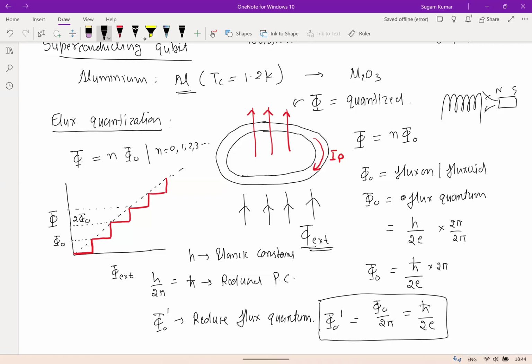And to oppose this, what happens? There is an electromotive force produced, and this electromotive force is going to move the charge, the electron, in the loop, and the current will be in such a direction that another flux is produced in this direction, and this flux and this flux will cancel each other. So this is North Pole, also North Pole. So North Pole is going to push each other.